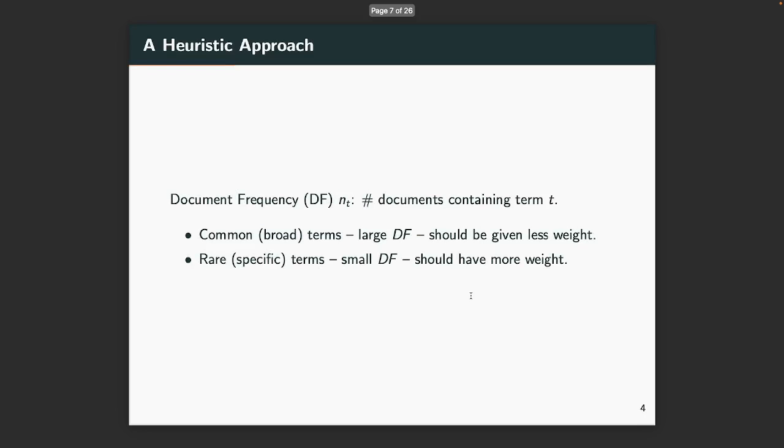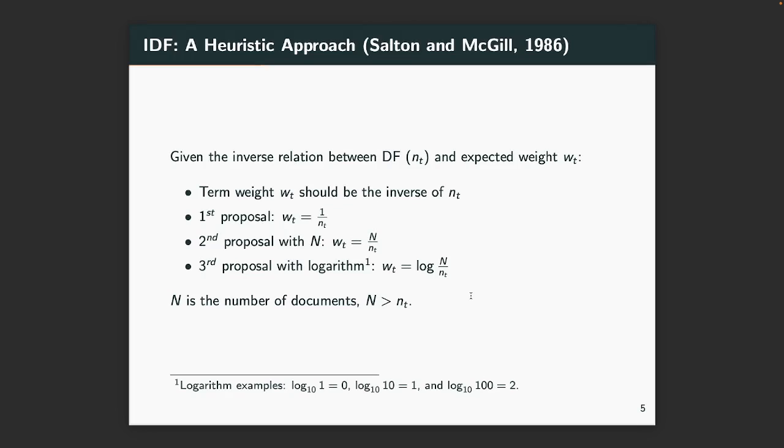As we can see in the three proposals, there are two additional steps to resolve some of the issues that we had in the first two proposals. So this is the heuristic approach to understanding IDF, or inverse document frequency, for term weighting.